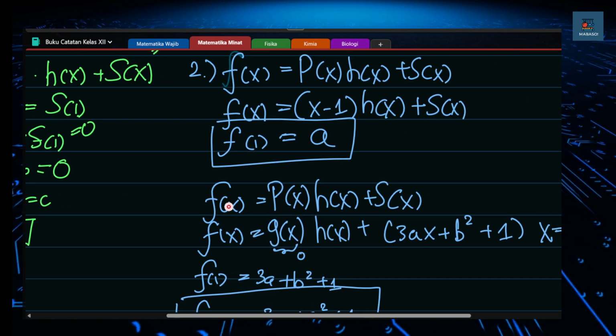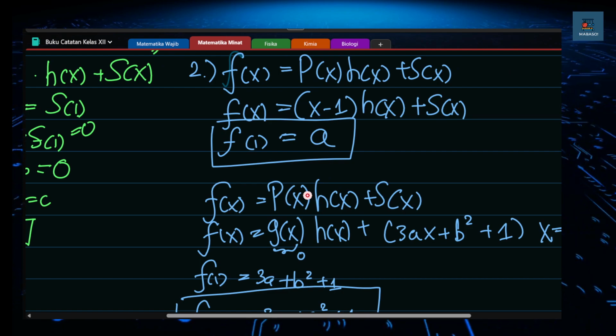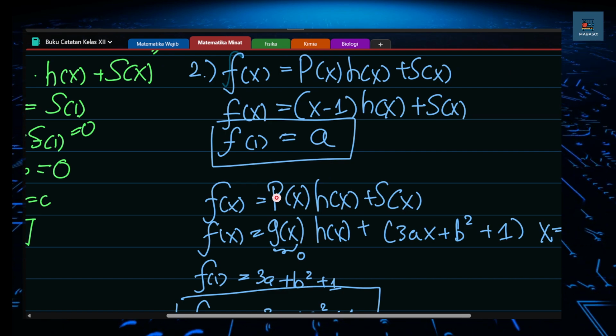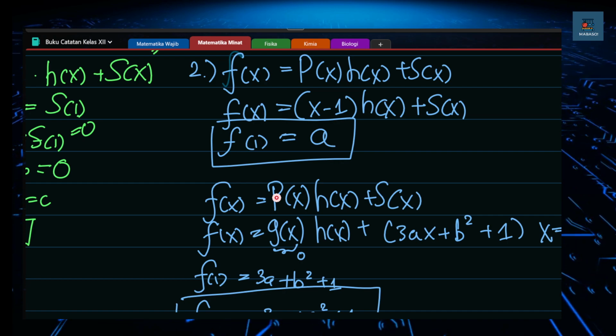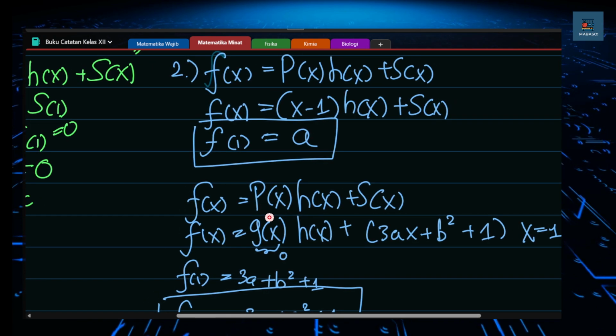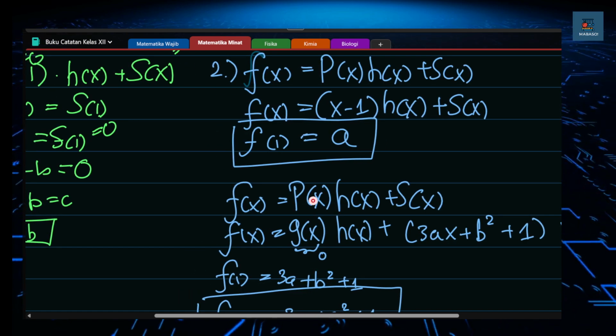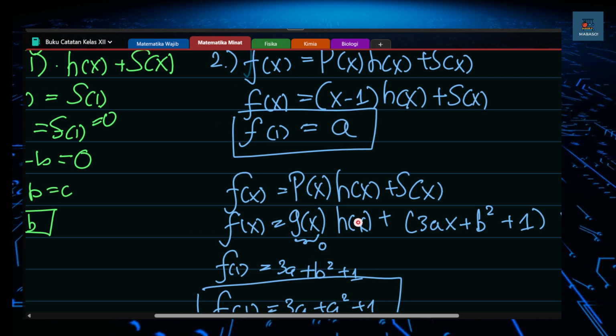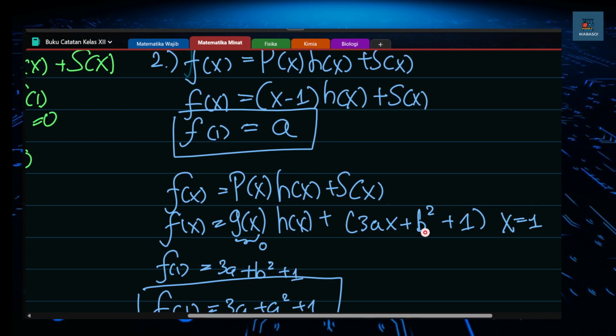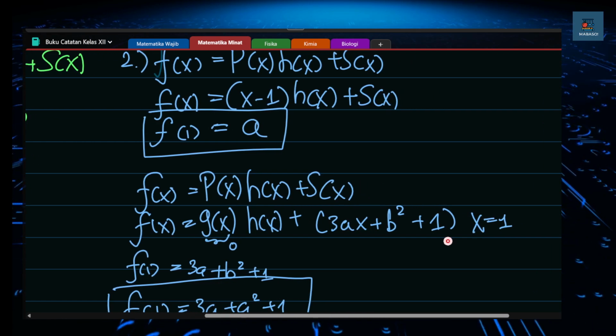So again, we could describe f(x) using these relations: divisor times h(x) plus s(x). And of course, I would replace the divisor with g(x), so g(x) times s(x) plus 3ax plus b squared plus 1.